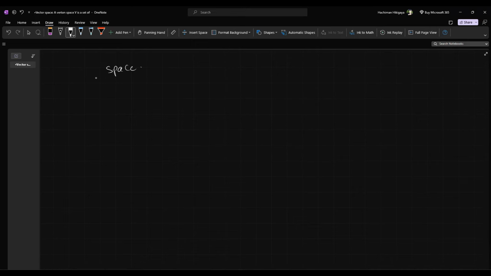Say our vector space is V, and the dimension is this: if an element of V can be written as x1, x2, dot dot dot, and this list has n elements, then our vector space will be called a vector space with dimension n.